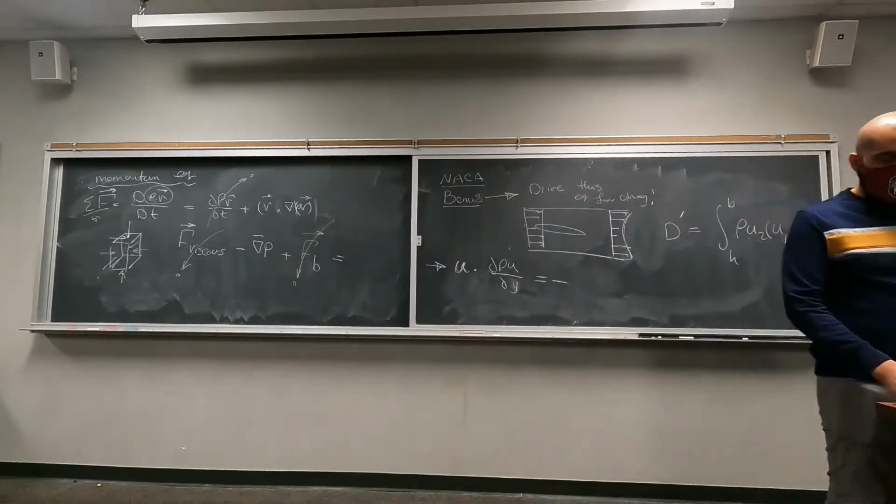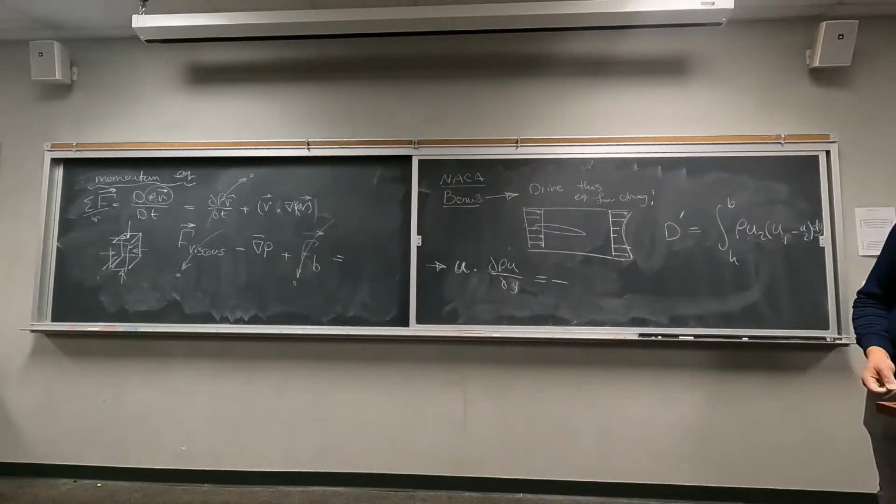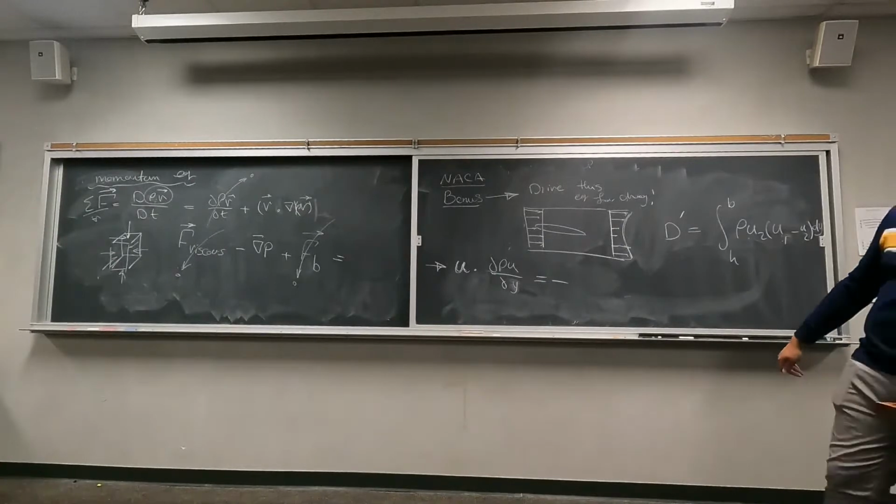So what should we do? Let's say you are the NASA engineer in the 1920s who's working on this, and you come up with this formula for drag. And you want to calculate lift as well. What should we do for lift? Keep in mind that we have made sure that the flow is essentially uniform.